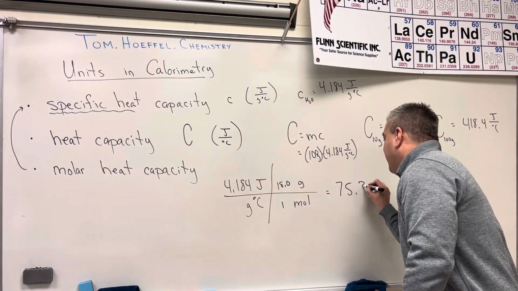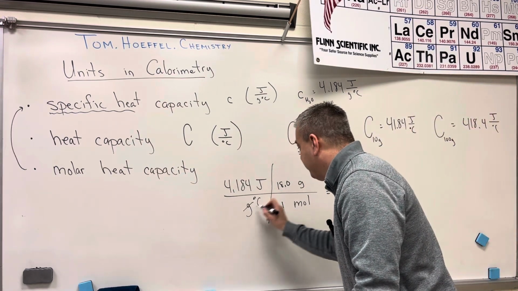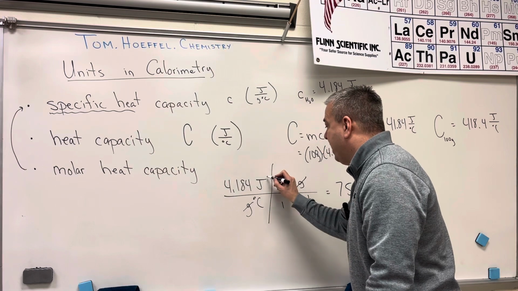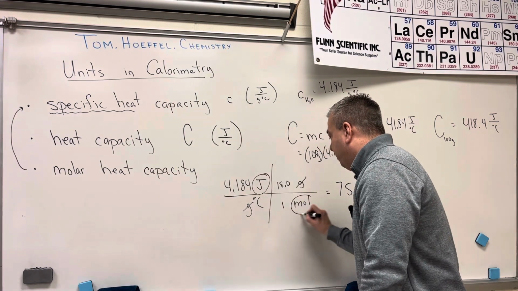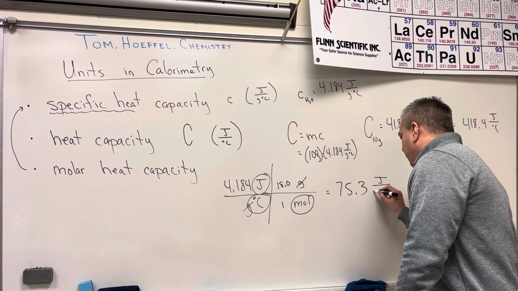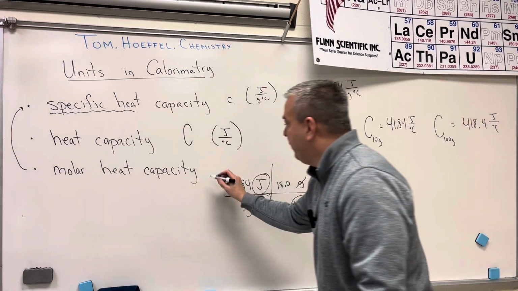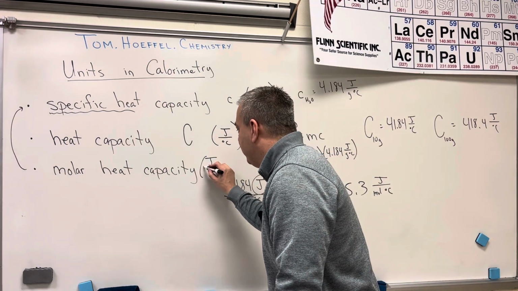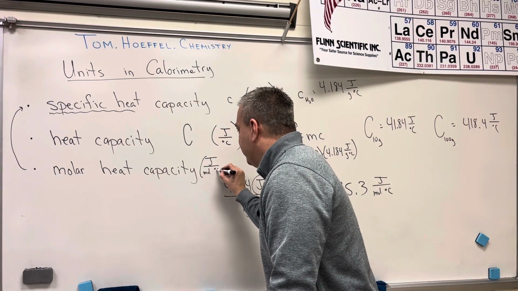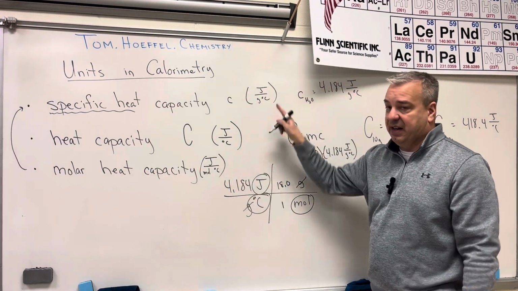75.3. Now let's focus in on the units because that's part of the lesson, okay? The grams are going to cancel out, so I'm going to have joules per mole degrees Celsius. So the units over here is going to be joules per mole degrees Celsius instead of joules per gram degrees Celsius.